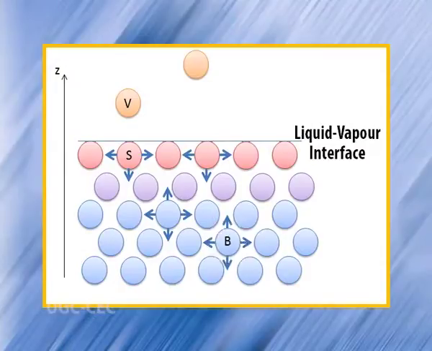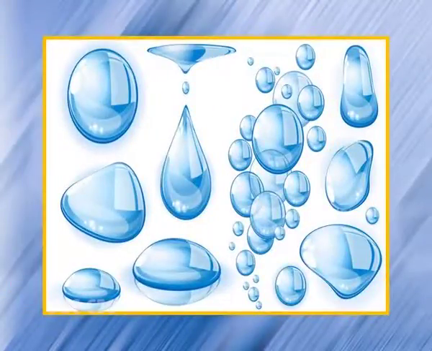Molecules in the interior of a liquid experience intermolecular forces in all directions. Molecules on the surface, however, are attracted to molecules only to the sides and below. Thus, they experience a net inward force. This net inward force pulls surface molecules towards the interior, minimizing the surface area and causing droplets of liquid to form a spherical shape.